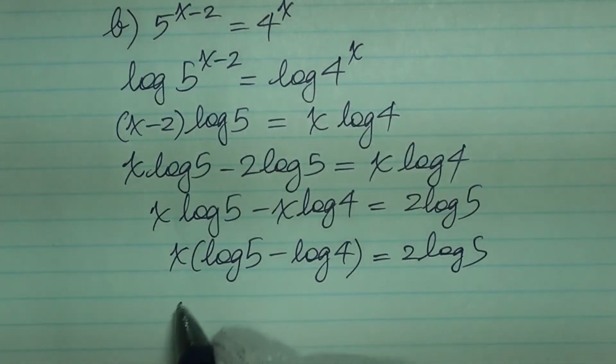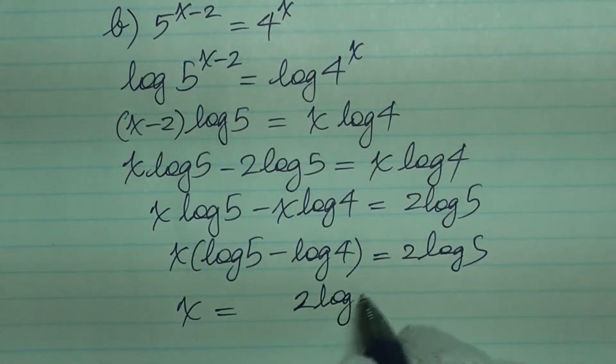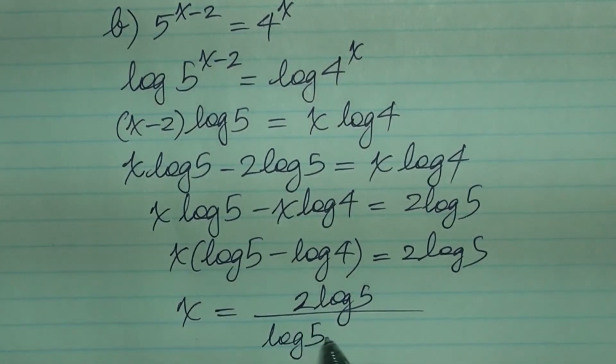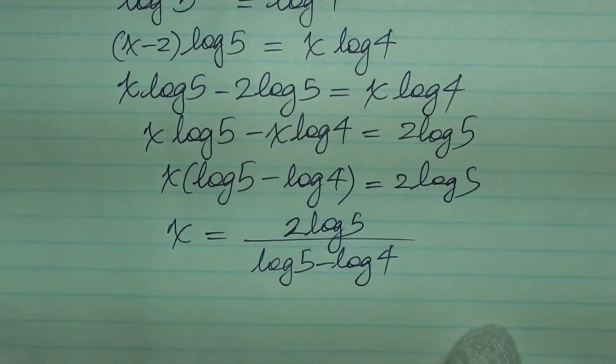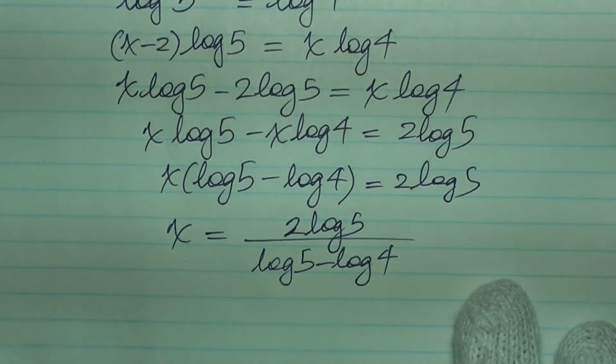And then x is going to be exactly 2 log 5 over log 5 minus log 4.